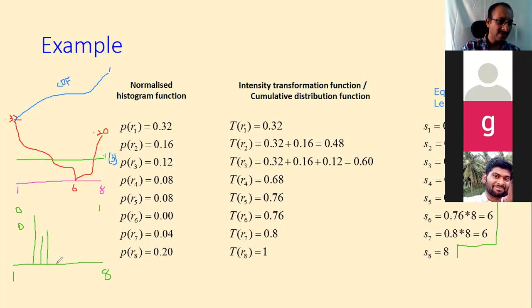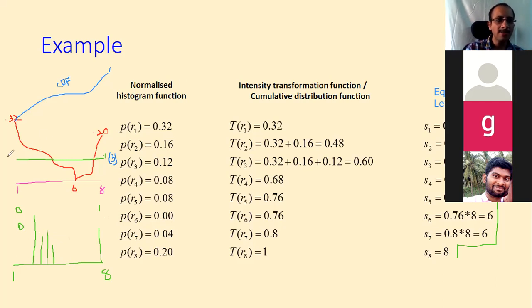At 6 you have 3 pixels. And then at 8, it will directly come to 8. How many? 5 pixels. Okay, this is the histogram.